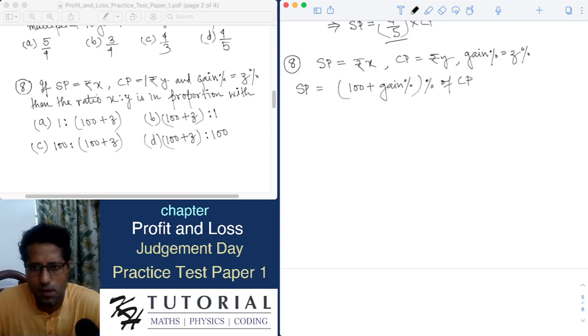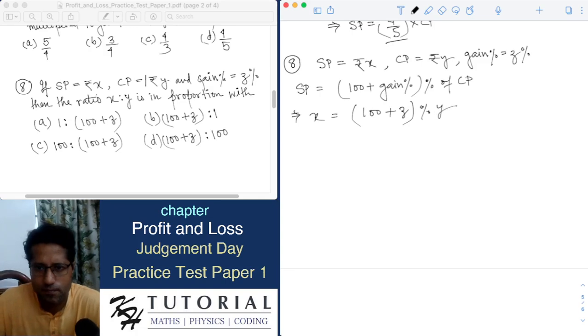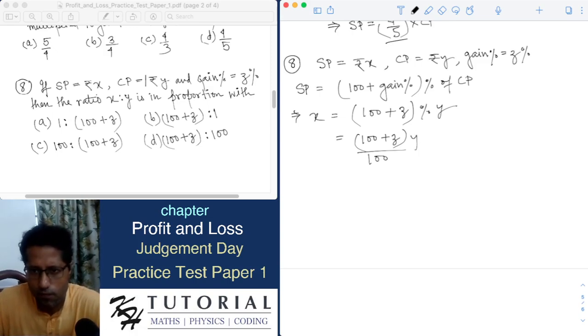So Sp is given to be X equals 100 plus gain percent, which is given to be Z, and this percent of Cp, which is Y. So this equals 100 plus Z divided by 100 into Y.